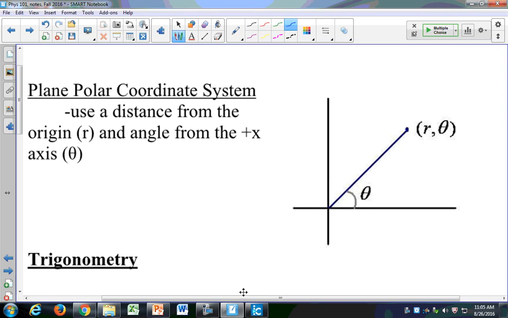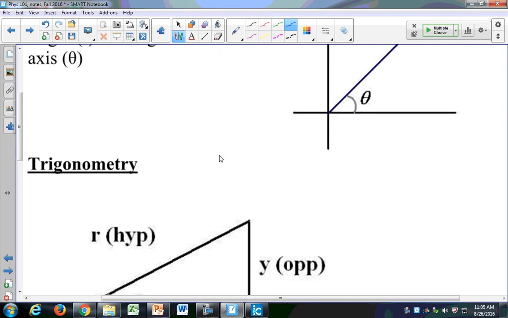Actually, no, we're not going to use the plane polar coordinate system, but you do need to know how to deal with your r and your theta doing the trigonometry, which I'll show you in just a bit. We will talk about theta in chapter 7 as things rotate around, but we're not going to use this particular method of defining a point in space. But you should have had that in high school math or here in math.